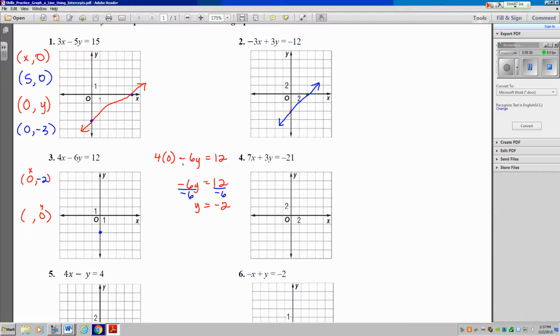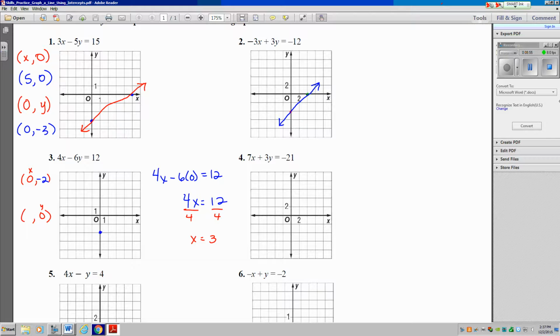So now when y is 0, let's put that in, and we get 4x minus 6 times 0 equals 12. The negative 6 times 0 is 0, so that leaves me with 4x equals 12. Divide both sides by 4, and I get x equals 3.